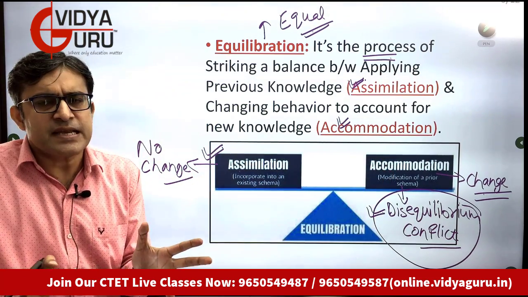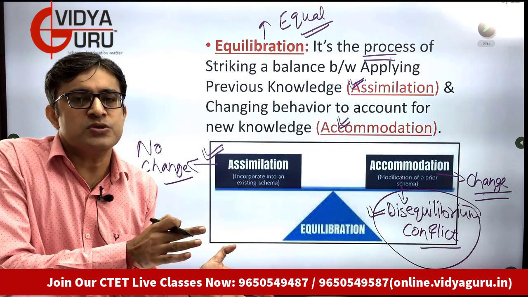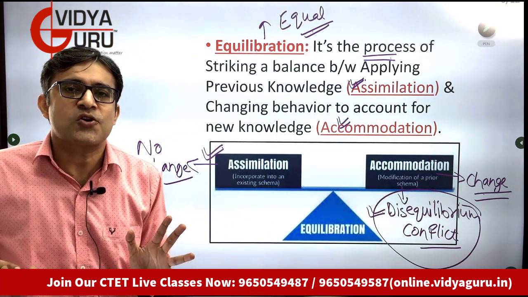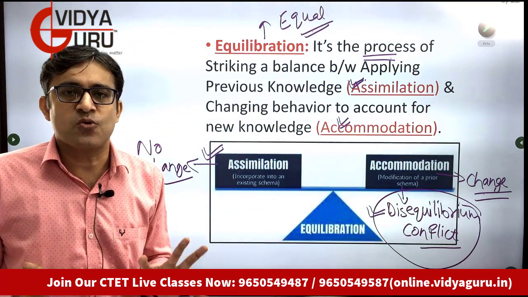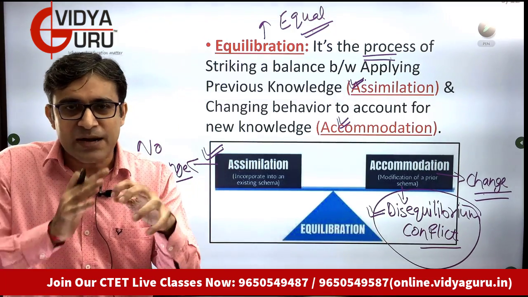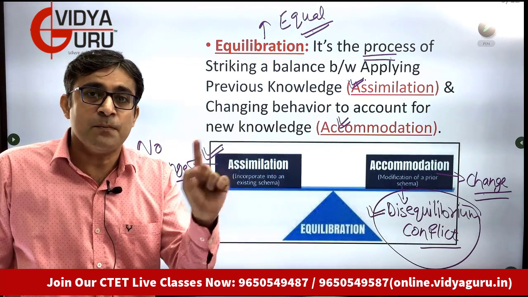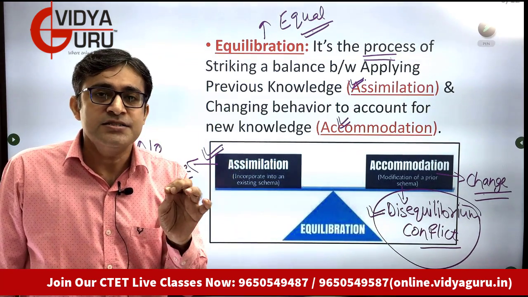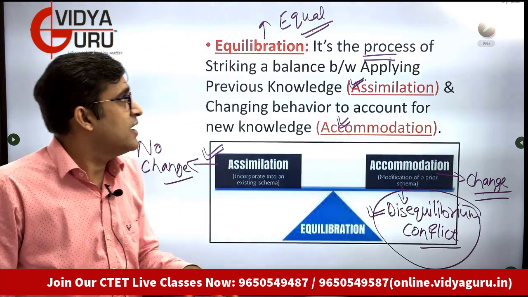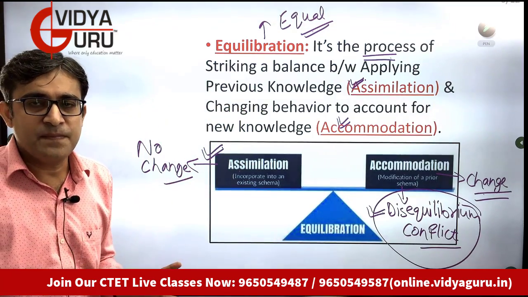So basically equilibration is where to use assimilation and where to use accommodation. That sum total, that balance, that overall process of using assimilation and accommodation based on the need, based on the situation is called equilibration.